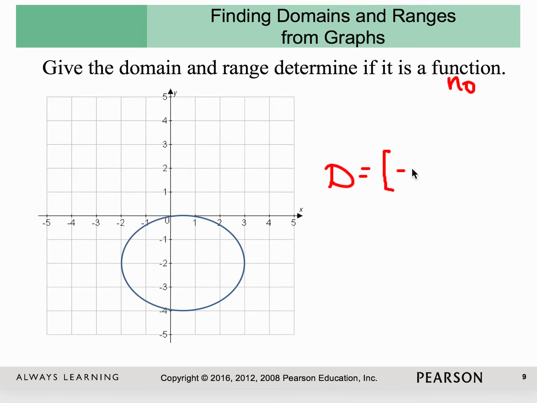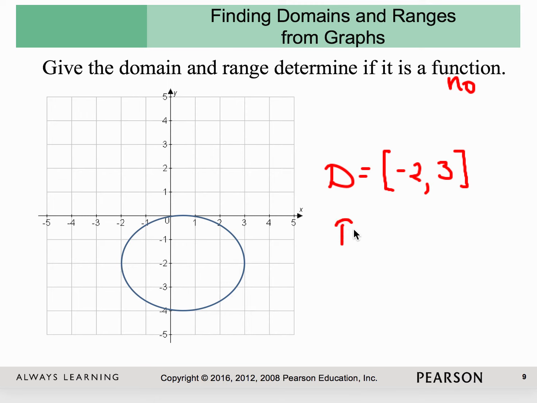So, negative 2, and then there's graph all the way across until x is 3. After that, there's no more graph. So the domain, in other words, the x values, I can find anywhere in between negative 2 and 3.